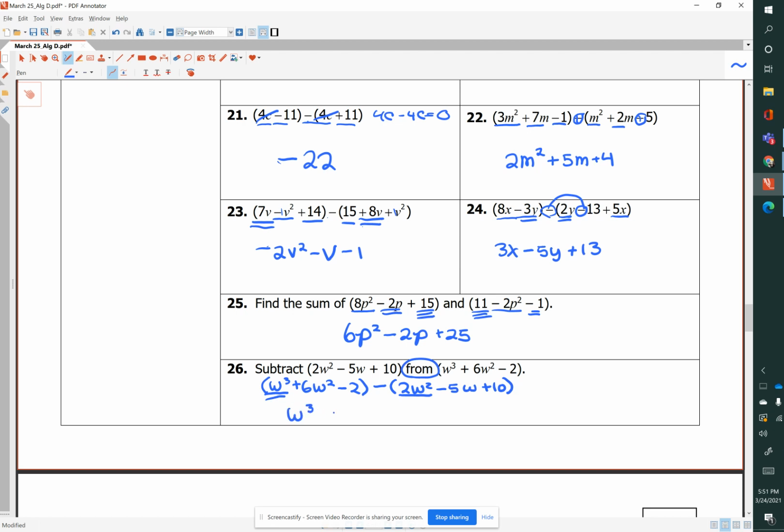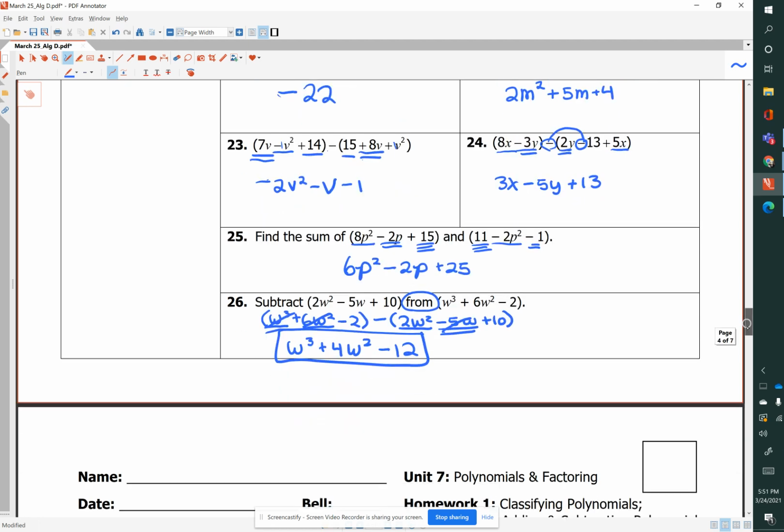Okay, w to the third. Now, 6w to the 2 power minus 2. That would be 4w to the second power. And that's taken care of. And then we have negative 2 minus 10, which would be negative 12. And that's our final answer.